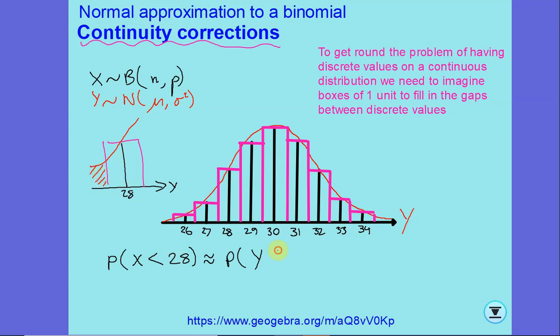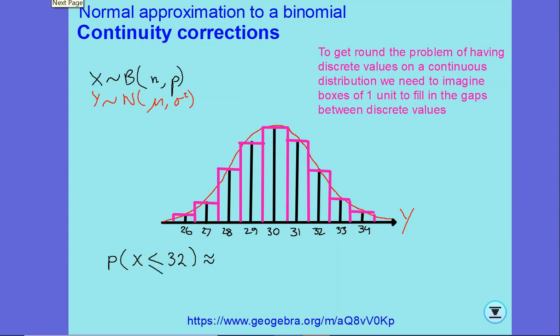That is the same as saying less than, well, what is this value? Because the next discrete line would be 27, so in between here we have 27.5. So if we knew these parameters, we could now use our calculator to work out that, and working out this is an approximation for working out that.